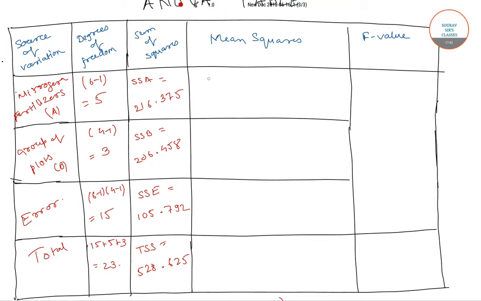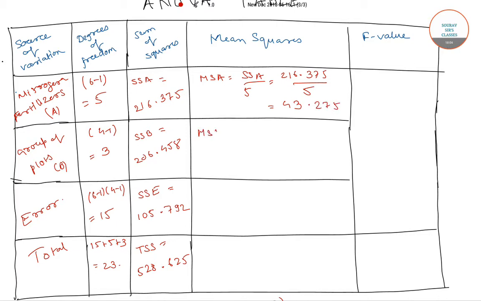Now next is mean square. MSA is equals to SSA divided by 5, so 216.375 divided by 5, which is equals to 43.275.